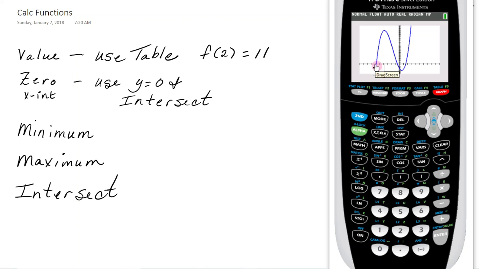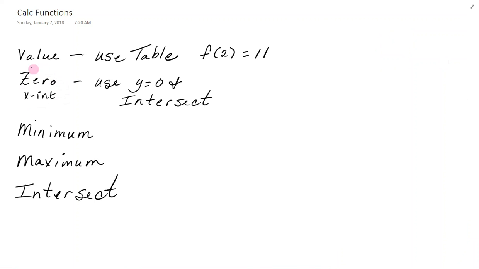If I'm trying to find the coordinates of that point, and that point, and that point, I'm going to use intersect, but what I have to do is turn on a graph along the x-axis, and so I will need to turn on y equals 0. More about that later. What I'm telling you now is when you're looking for a zero or an x-intercept, I don't use zero. I use a different method.